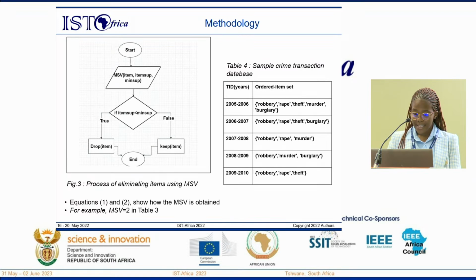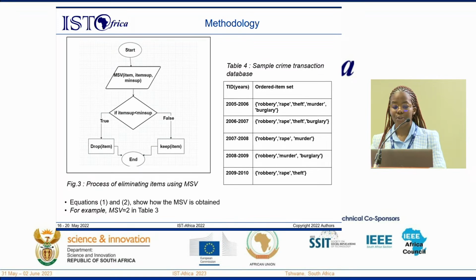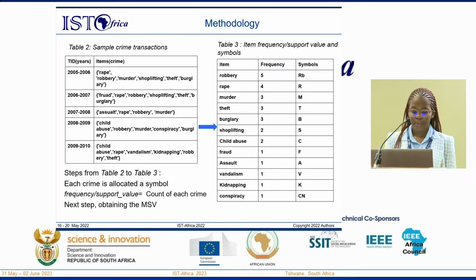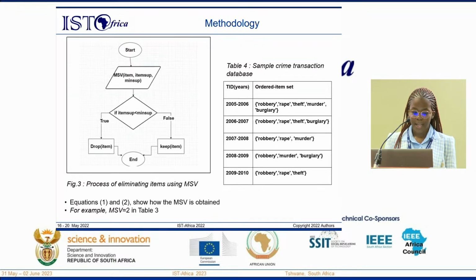For the next step in the process, we need to find the MSV. Using the process which we have stated here, we find the mean, and we use the floor of the mean. And then we prune the data using the MSV.